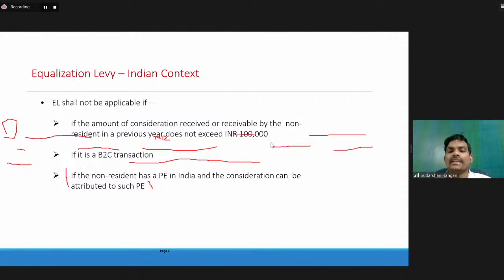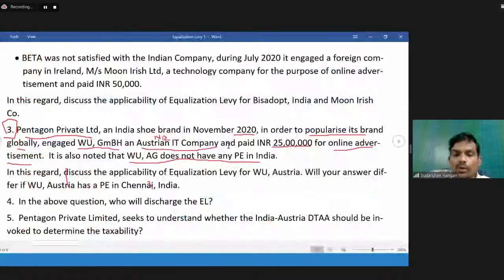If it has a PE in India, then equalization levy won't attract. In the given situation, the question says it does not have any PE in India. So therefore, equalization levy will attract. I repeat, equalization levy will attract because the payment is by an Indian resident to a non-resident service provider. And what is the service? Is it online? Yes, online advertisement.